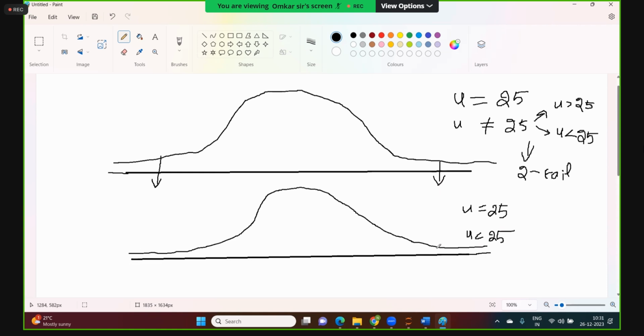But in a one-tail test, you have only one critical value, and everything else is not reject, only one part is reject. In a two-tail test, some part here is reject and some part there is reject. That is the only change, and the remaining analysis is similar. You need not be confused about that. That is the one-tail test and two-tail test.